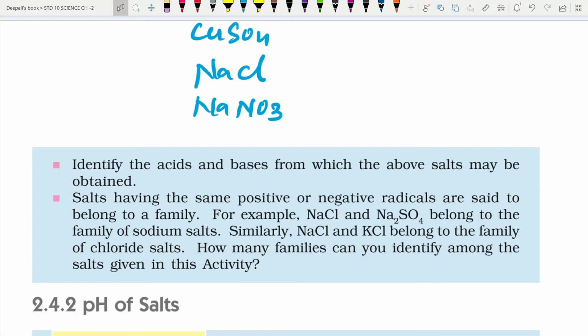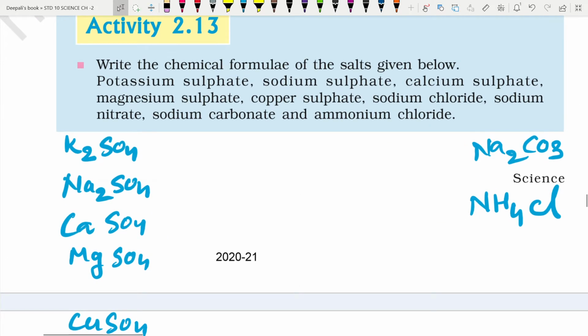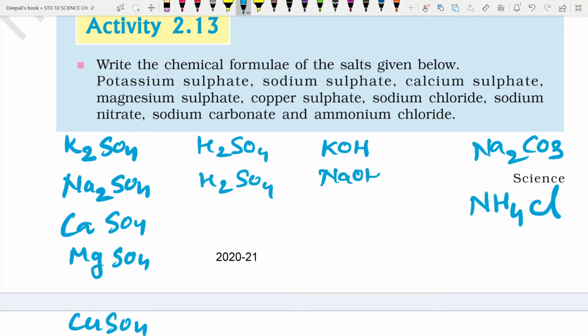Identify the acid and base from which the salt may be obtained. K2SO4 can be obtained from H2SO4 and KOH. Na2SO4 from H2SO4 and NaOH.